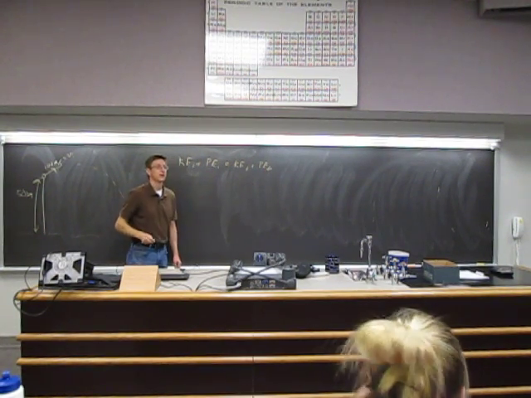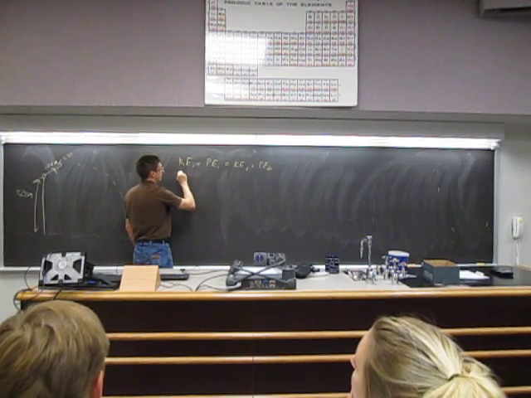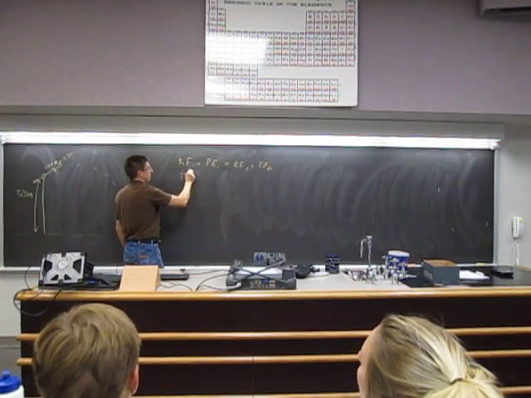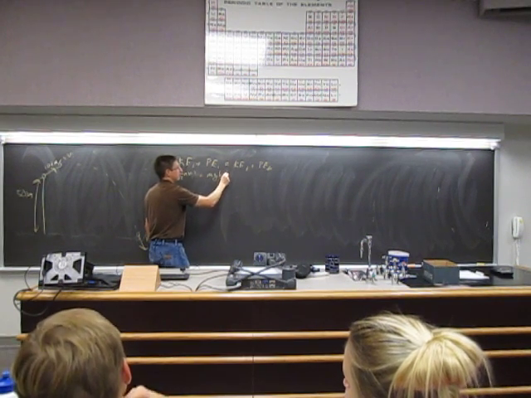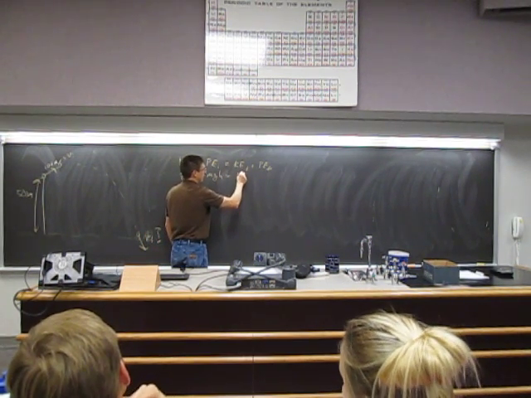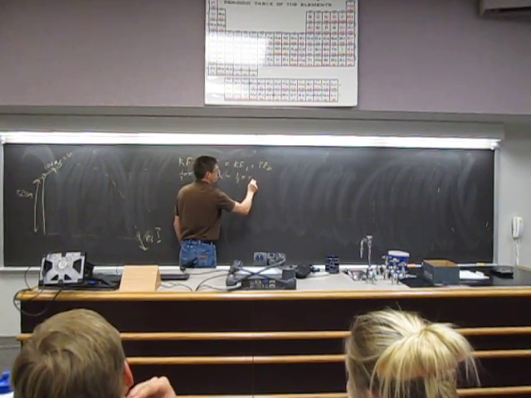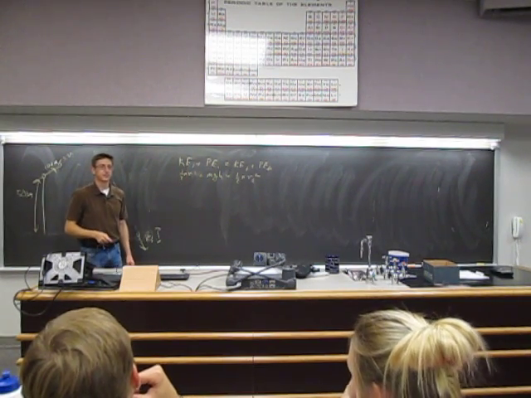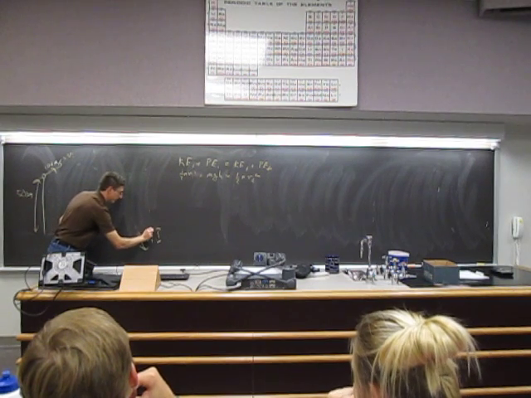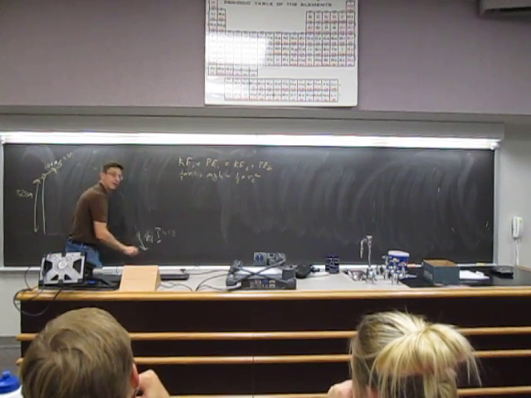This is 1/2 m v initial squared plus mg times the initial height equal to 1/2 m v final squared, and I'm going to say that the final height is 0. Set h equals 0 down here.